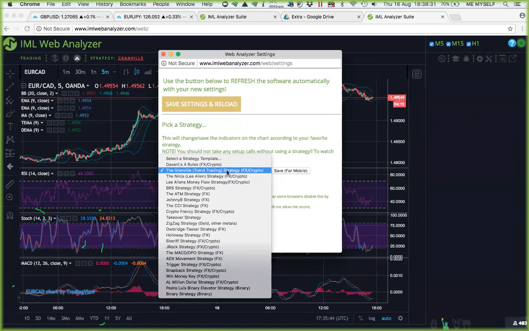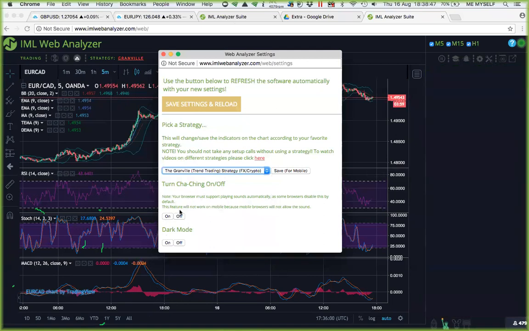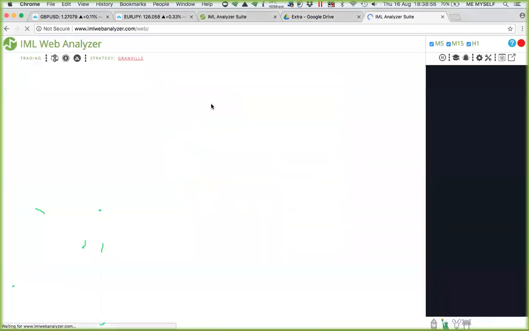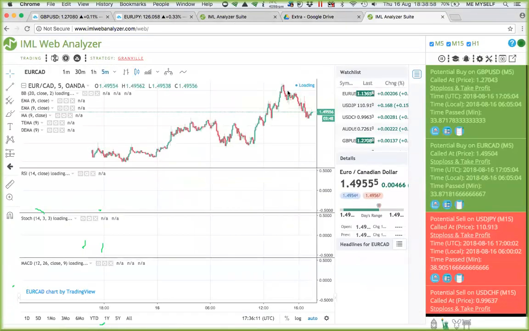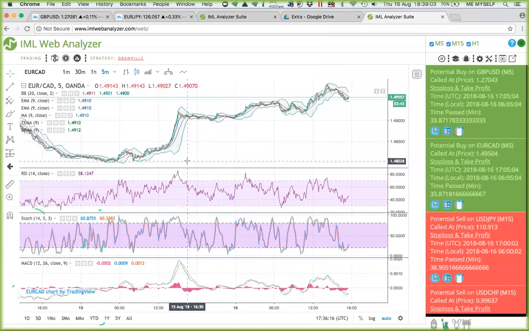If we click on that, there is a cha-ching that comes with the analyzer, so that whenever a potential trade comes in, you'll hear a cha-ching. I take it off because it forever goes. And then you can switch dark mode. If I click off here for a minute and hit save settings, then you'll have a white background.